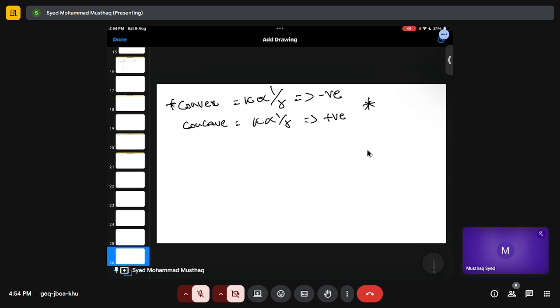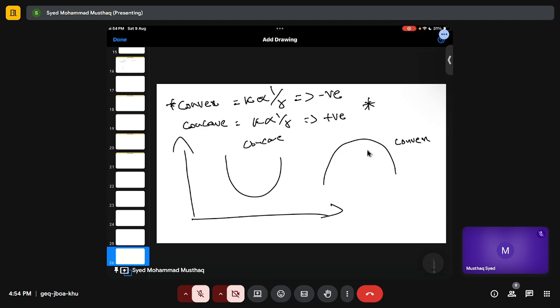In simple terms, let's take a one dimensional line. Here is my concave and this is my convex. Let's say these are my curves. How do you define any convex or concave? We define it by double differentiation.